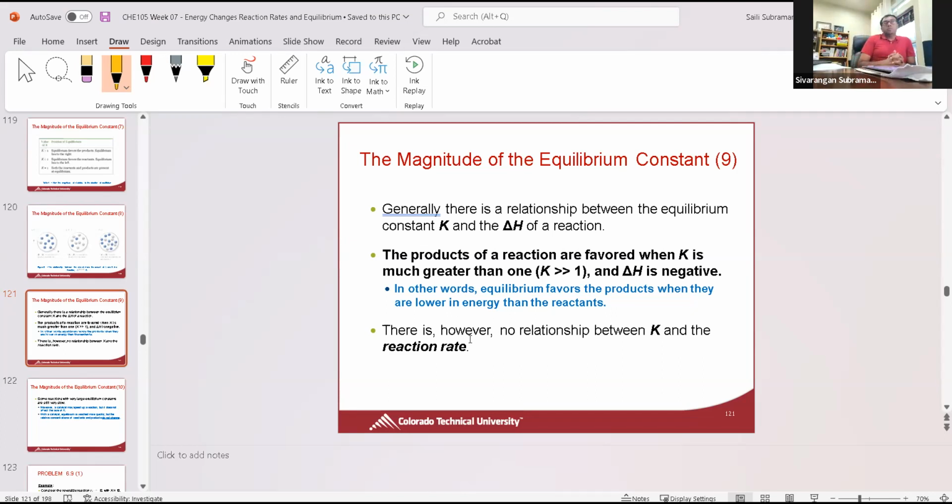So when you keep track of K, delta H, and Ea, they all serve three different functions. K tells you which way the reaction is favored, whether it's reactants or products. Delta H tells you whether you're absorbing energy or releasing energy, the relative energy levels of the reactants and the products.